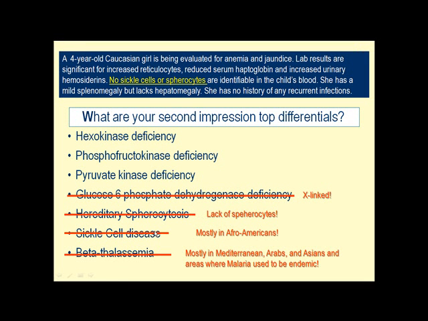Sickle cell disease, again, is ruled out because you don't have any sickle cells, and again, it's mostly seen in Afro-Americans, and we have a Caucasian girl in here. Finally, beta thalassemia is ruled out because beta thalassemia is mostly seen among the Mediterraneans, Arabs, and Asians, and also in the areas that malaria used to be endemic in the past. So we can rule out all those.